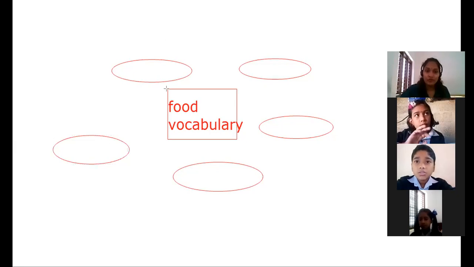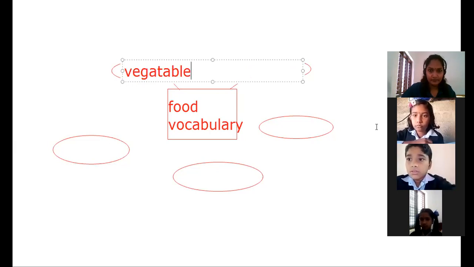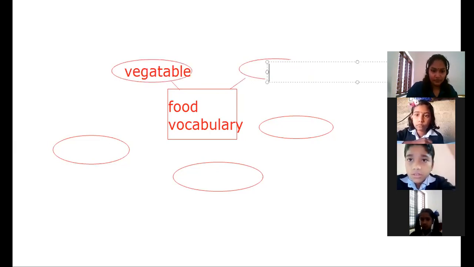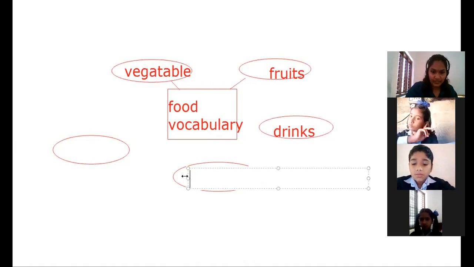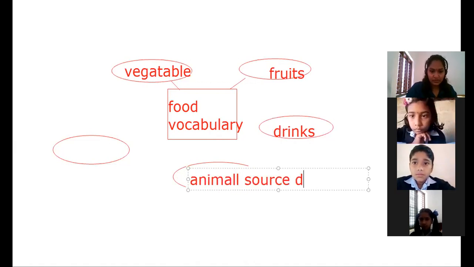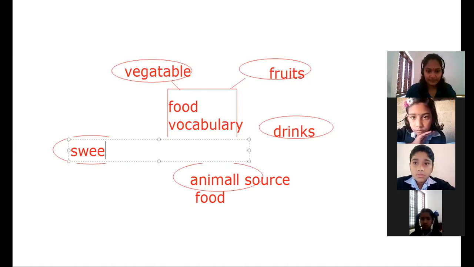So, food vocabulary. When we consider food vocabulary, we can consider vegetable, right? And we can, wait, I didn't write it. Vegetable, fruits, drinks, animal source food, and sweets.